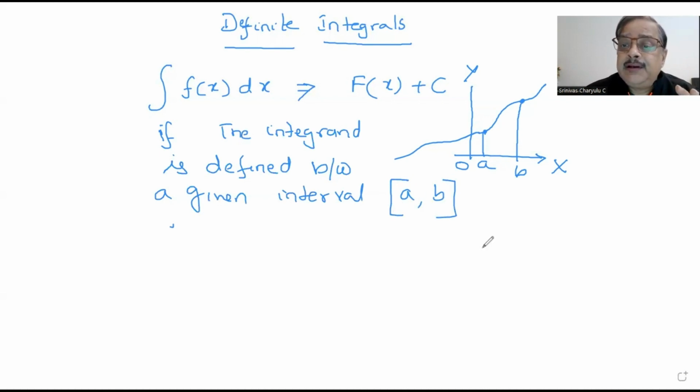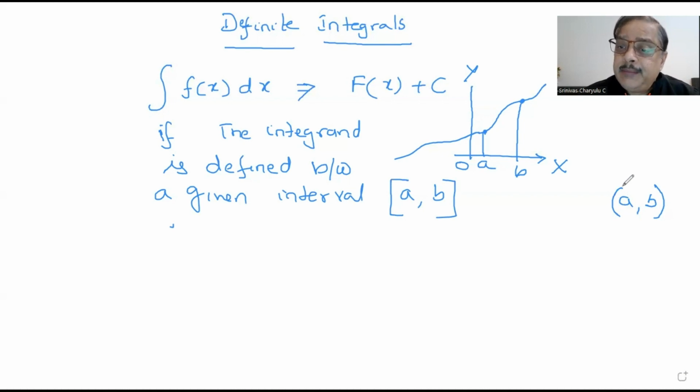I told you clearly, if the bracket is given like this, a comma b, that means the interval is open on both sides. Except a and b, all other numbers are included. In this case, if you write like this, a and b are included. In this case, a and b are not there. It's open. Open means not included. Within a and b, all numbers are included. I'm sorry, again I'm repeating.